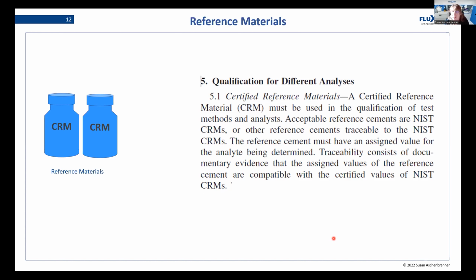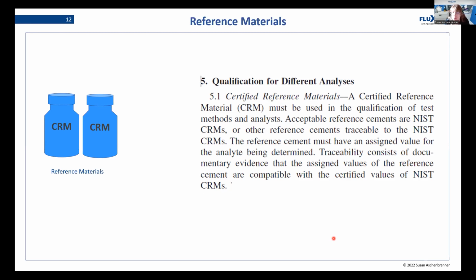It says a certified reference material must be used in the qualification of test methods and analysts. Acceptable reference cements are NIST CRMs or other reference cements traceable to NIST CRMs. Okay, that narrows down our choosable list of CRMs quite a bit.